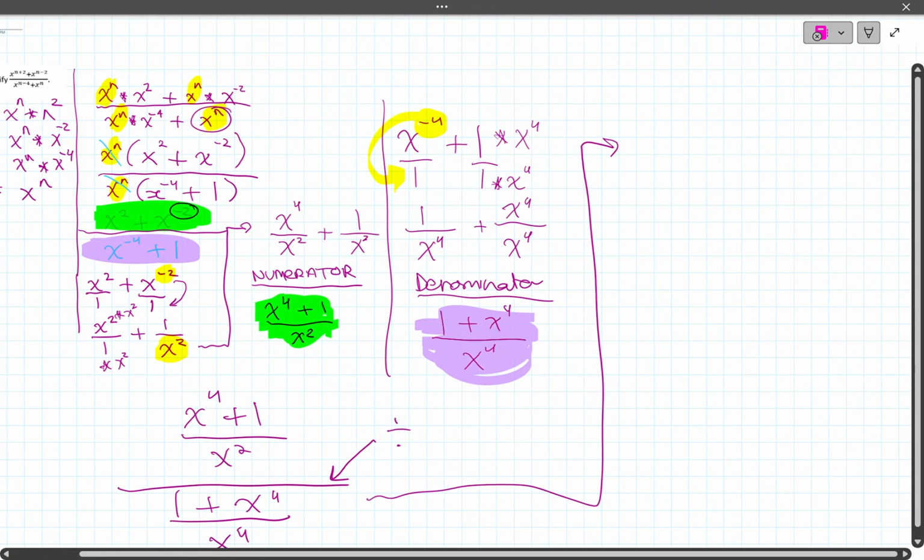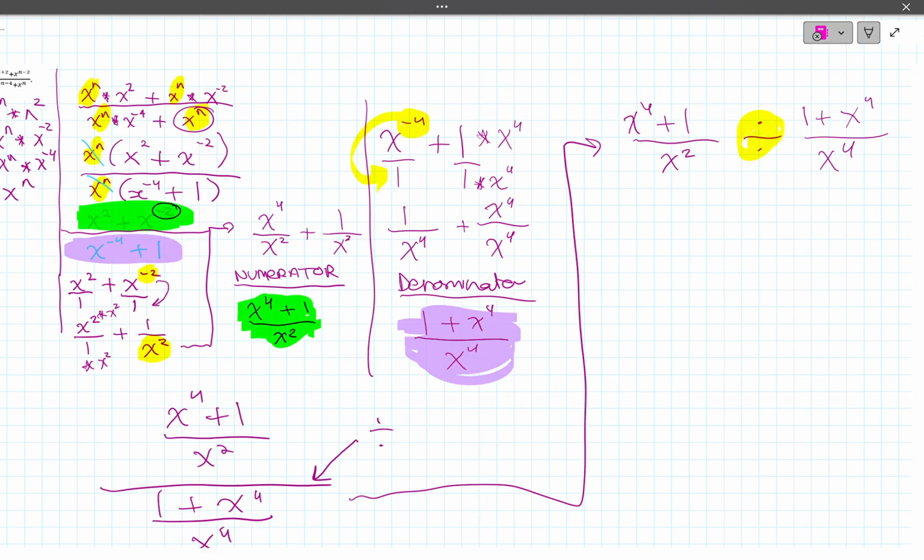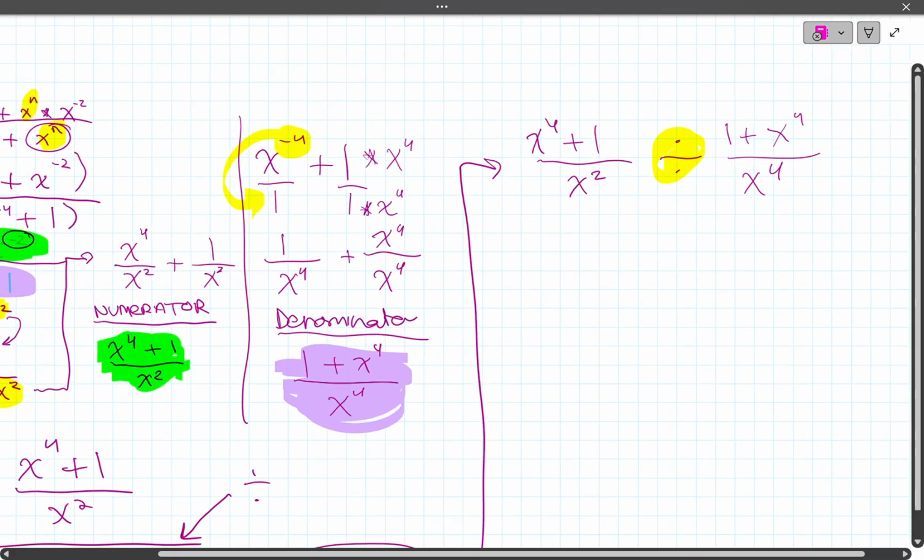So I'm not going to do that. I'm going to keep in mind that the vinculum means divide. So this one here, they all mean divide, but I can separate my numerator and denominator nicely like that. So in the numerator, x to the power of 4 plus 1 over x squared, I've got a division here, divided by 1 plus x to the power of 4 over x to the power of 4.